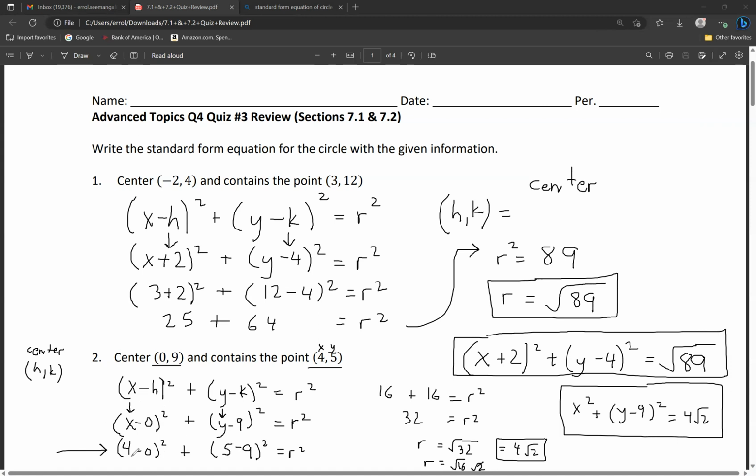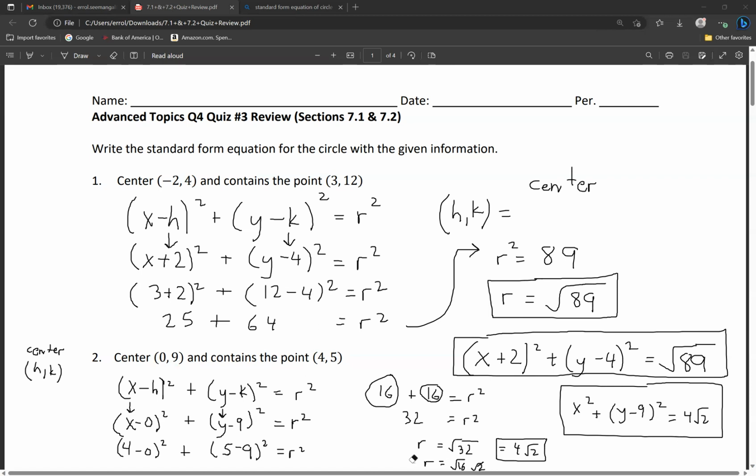4 minus 0 is just 4. 4 squared is 16. 5 minus 9 is minus 4. Minus 4 times minus 4 is 16. With me? Yes. Now just add them together. 16 plus 16, that's 32. 32 equals r squared.